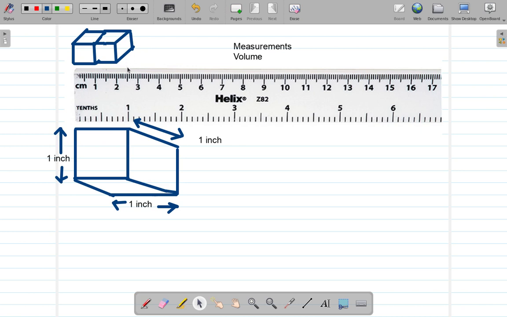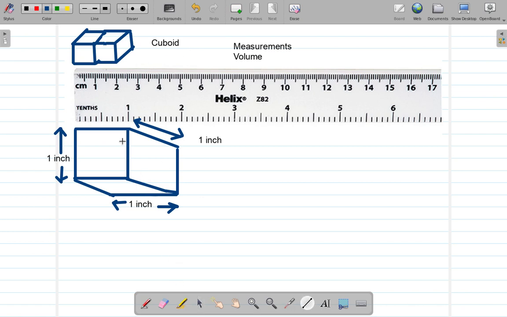Since the height, the width and the length are not all equal, you call this a cuboid.